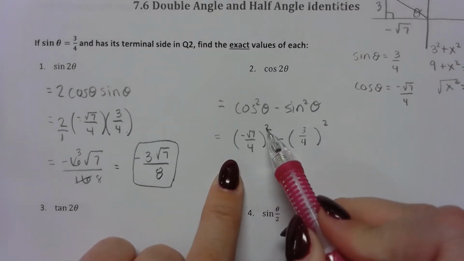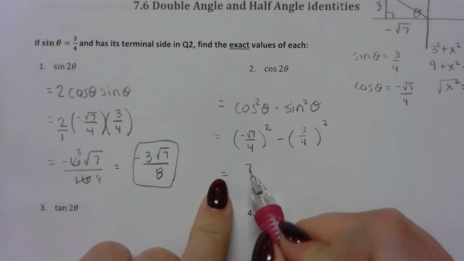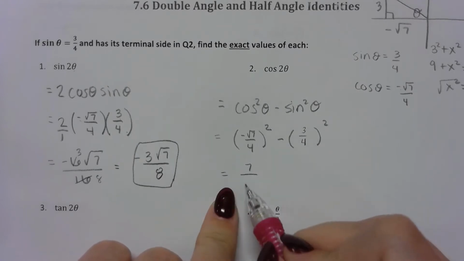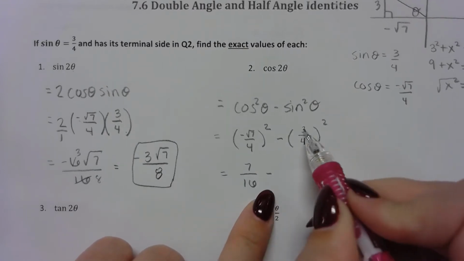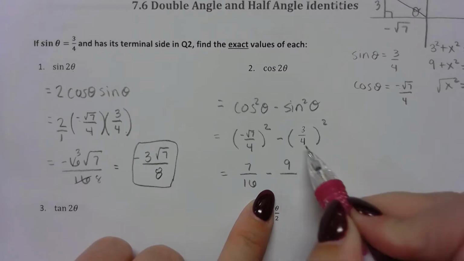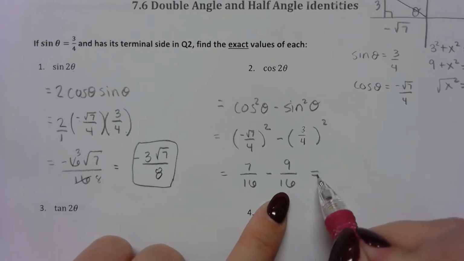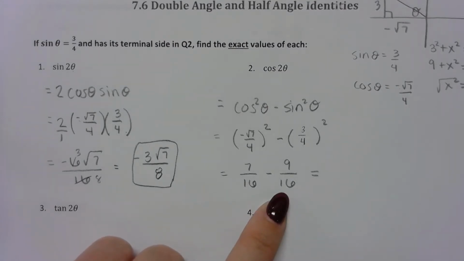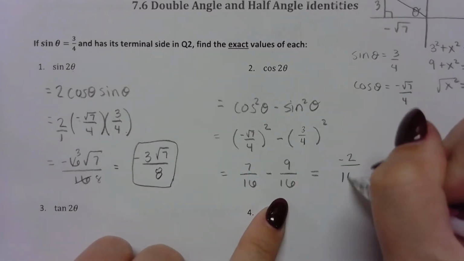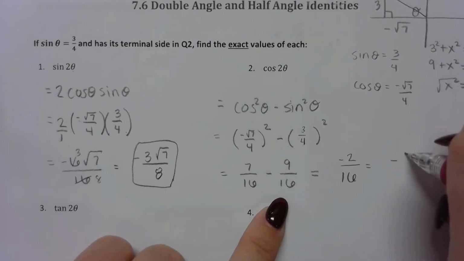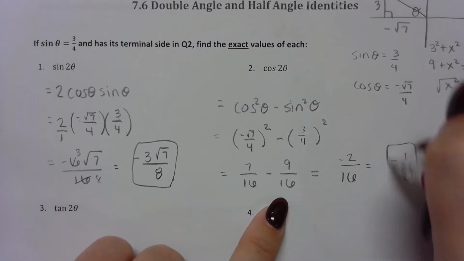So -√7 squared just gives us +7, and 4 squared gives us 16. 3 squared gives us 9, 4 squared gives us 16. Now that we've squared, we can subtract. 7 minus 9 would be -2. And then simplify, -1/8.